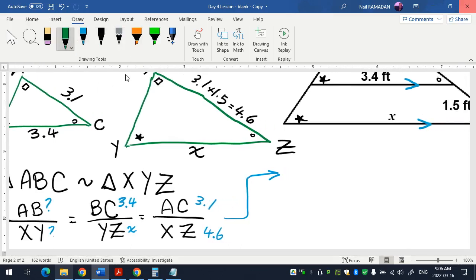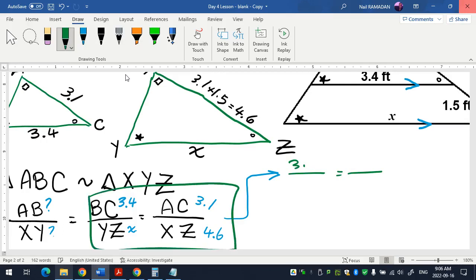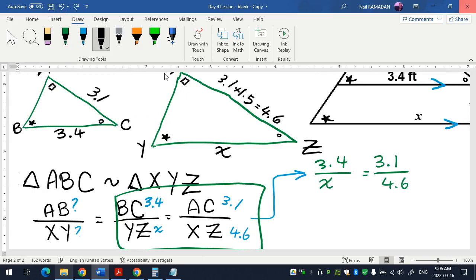As Shadi said, you can skip what I'm going to do right now and go into the cross multiplication step, but I'm going to show the fractions. I have 3.4 over x equaling 3.1 over 4.6. Cross multiply.